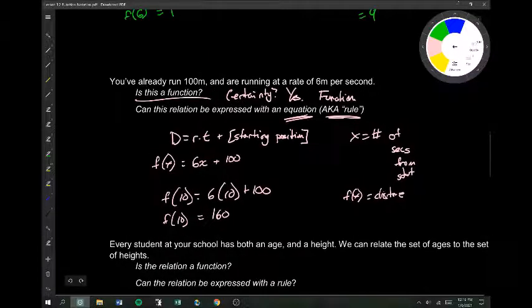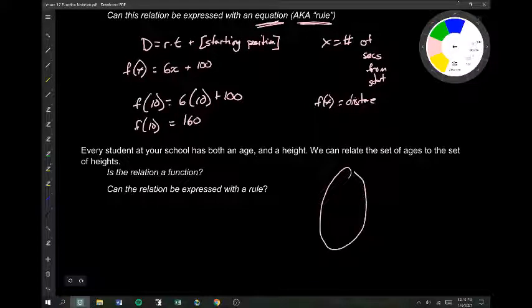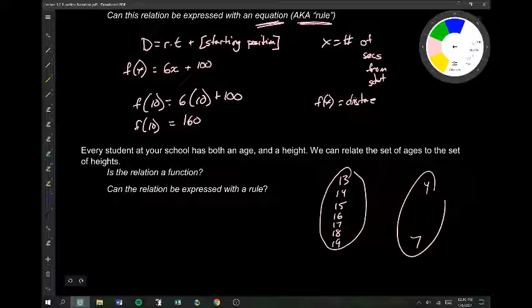Okay, every student at your high school has both an age and a height. I think that's a fact. We can relate the set of ages to the set of heights. I can make a mapping over here, and it's a high school, so ages are like 13 through 19, and heights could be anywhere from like 4 feet to 7 feet, with 4'1" and 4'2" in between.